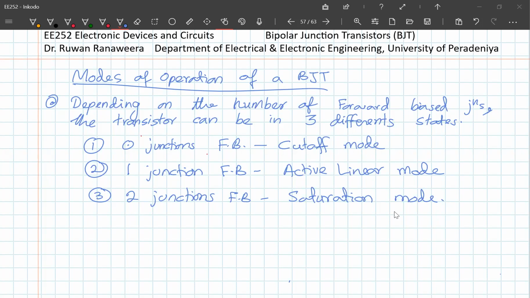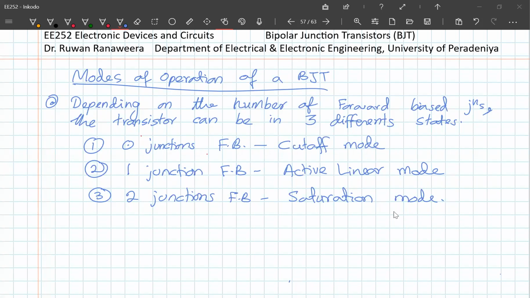Right? The second case, when only one junction is forward biased and the other one is reverse biased, we call this active linear mode. This is the one that we use for amplification purposes, and this is what has been characterized by this external energy model, where the relationship is beta equals IC over IB. Right?